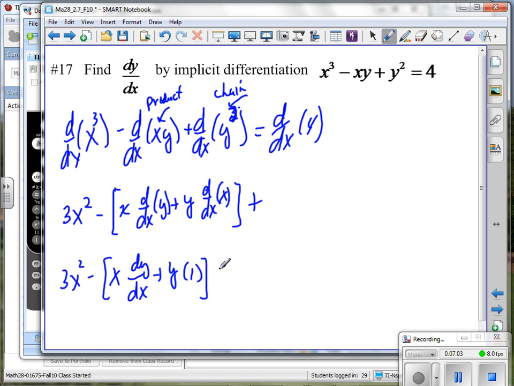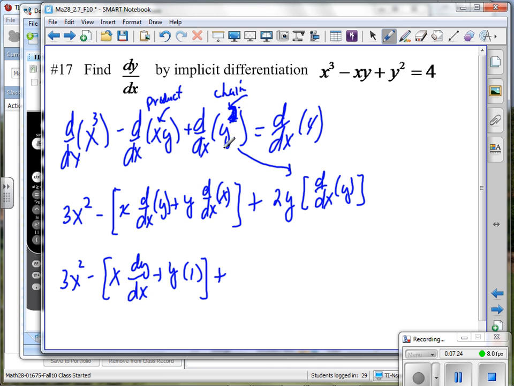Okay. Plus, now let's work on this one. This is a squared, not a 3. Okay, so we did this before, right? So this would be 2y times the inside function.